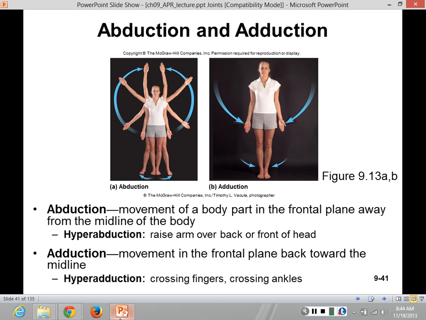Okay, let's go to the fingers, the hand. I don't see it in here. They have radial abduction, palmar abduction.